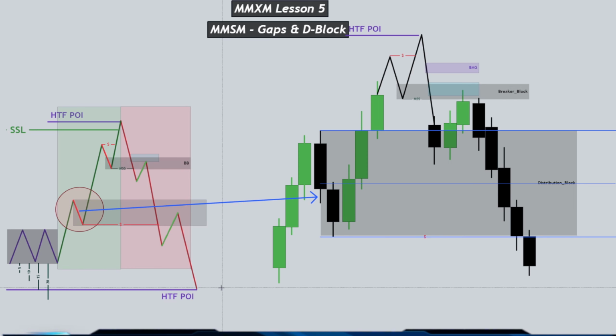And if you remember, or if you have heard ICT talking about this, if there is only one trade or one setup he has to take for the rest of his life, this is the setup he was talking about, which is the second stage of a market maker model.